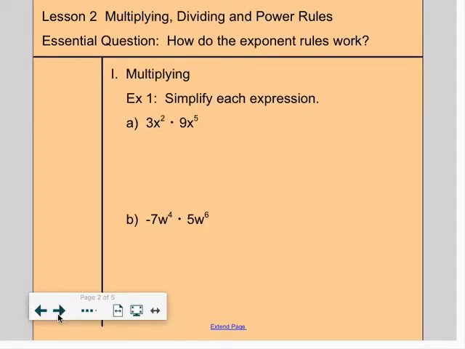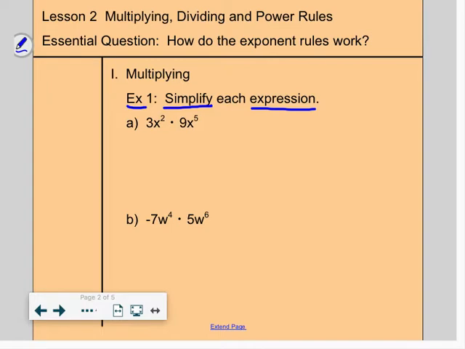Let's go to this next one right here. We're going to do some multiplying of exponent expressions, and we're going to look at this. First and foremost, you see an example, and you see 2 words right here that are key.